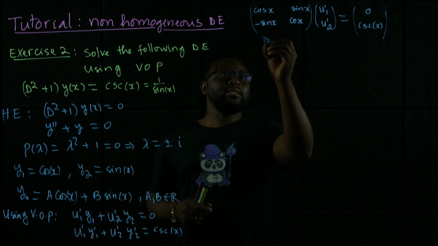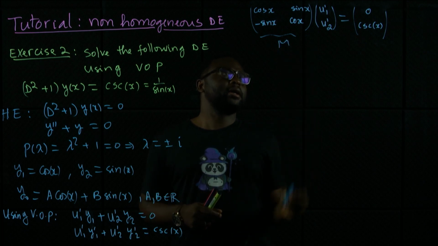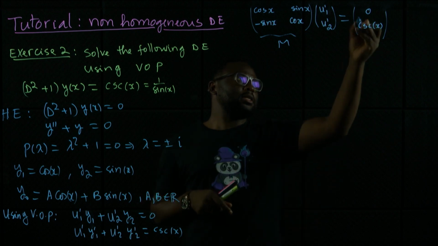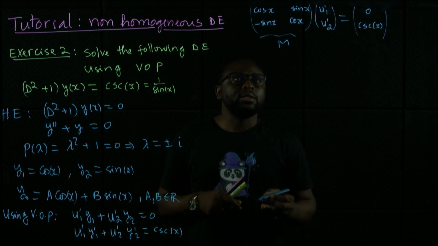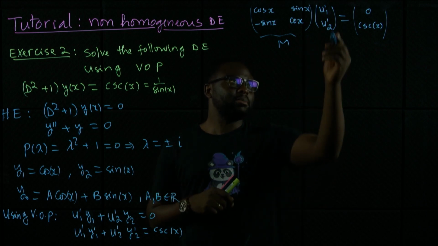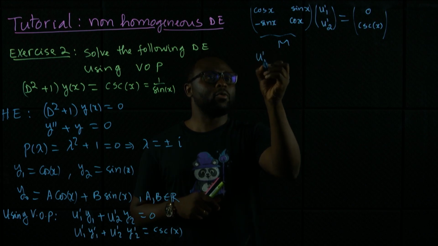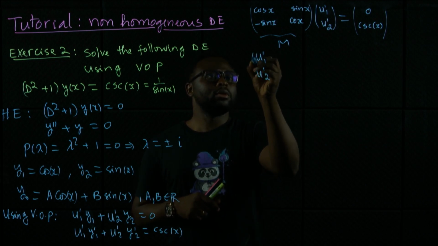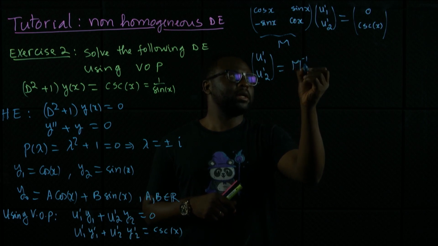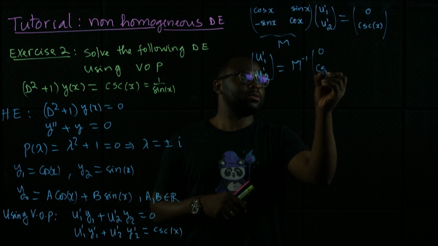At this stage, if I call this matrix M, it's just M times this vector u' equals the right hand side. So basically, to solve this, we can just use the inverse. We multiply by the inverse of the matrix, and we obtain u1', u2' equal to M⁻¹ times (0, cosec x).